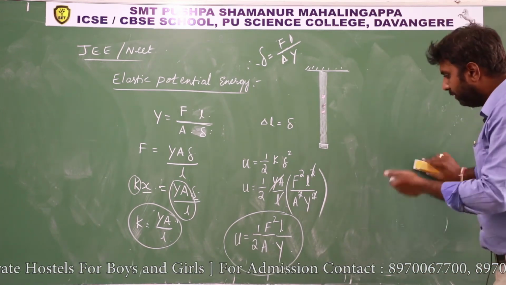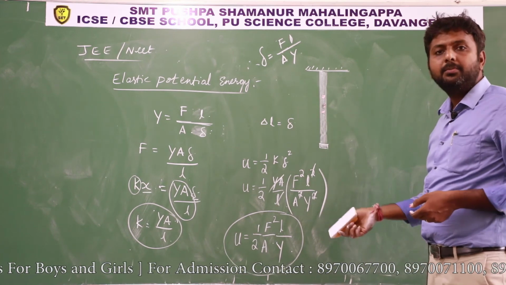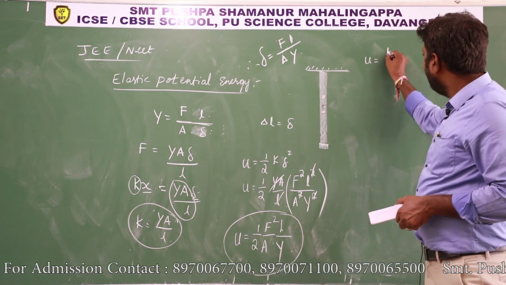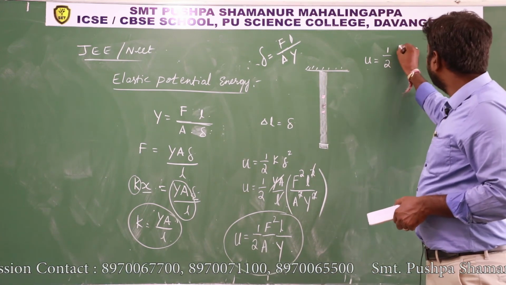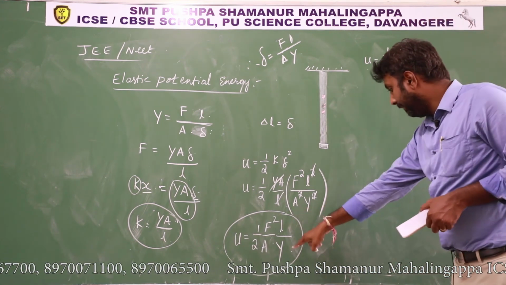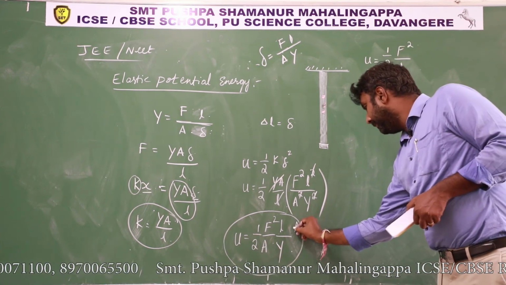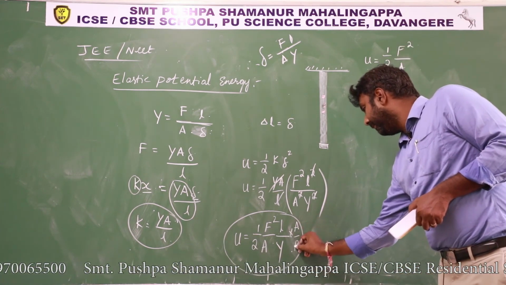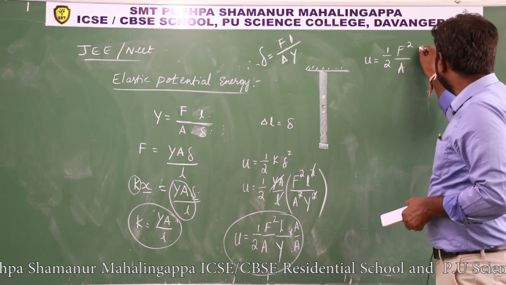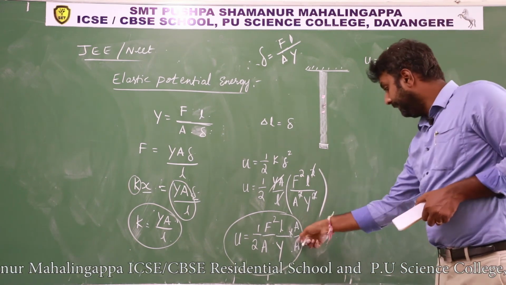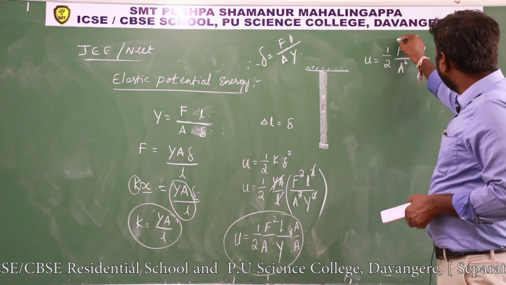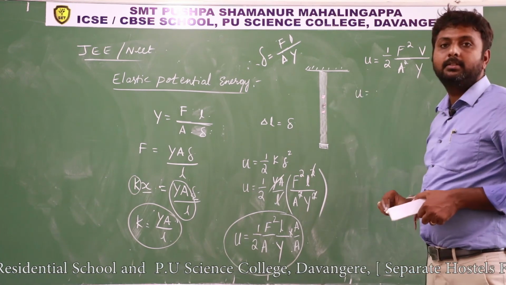Then other formats also we can write for this elastic potential energy. What format means? U is equal to 1 by 2 F square divided by A, L by Y. Okay, I will multiply and divide it by A. By multiplying and dividing A into L, I can consider it as volume, and A into A I can write as A square into Y. So F by A, you know that is stress.